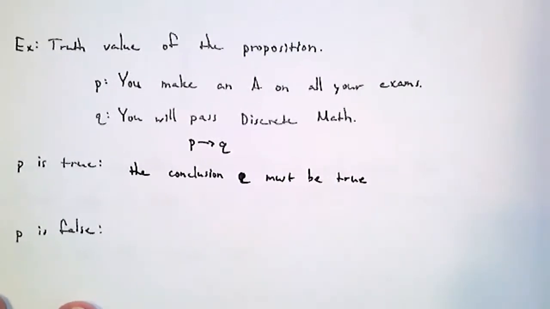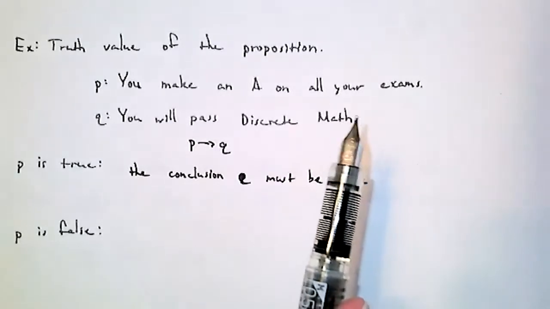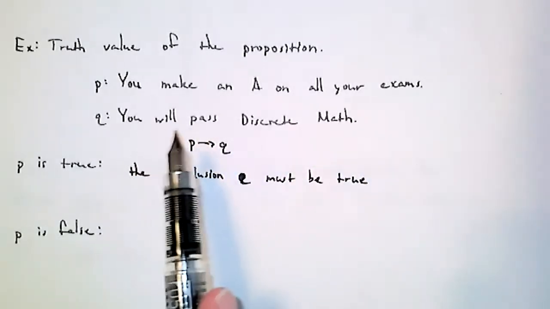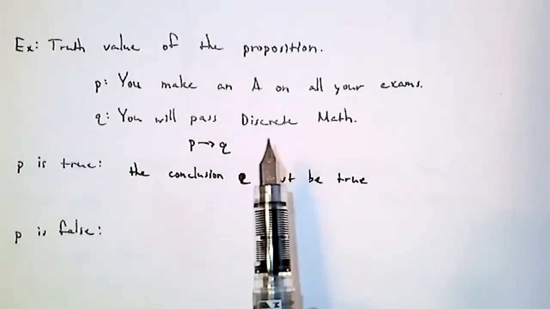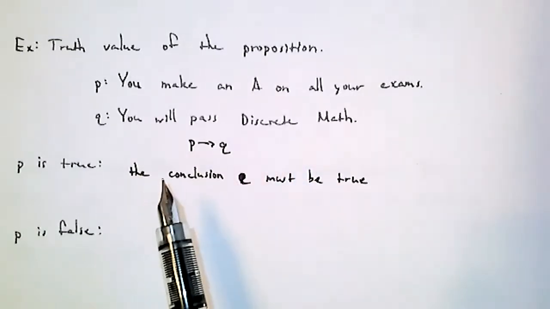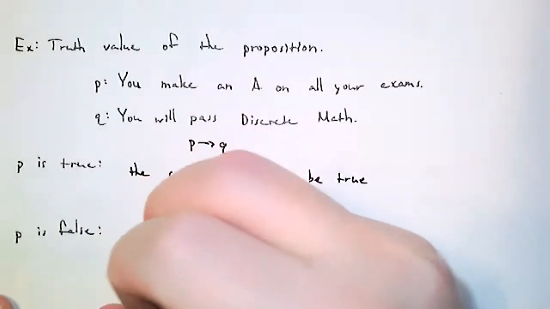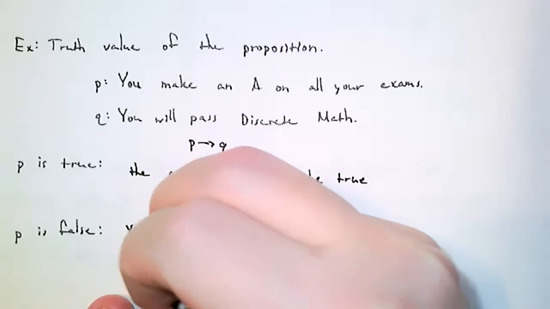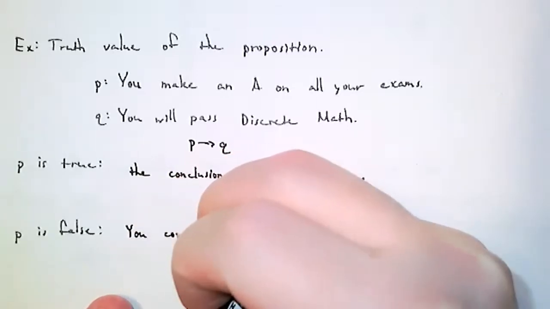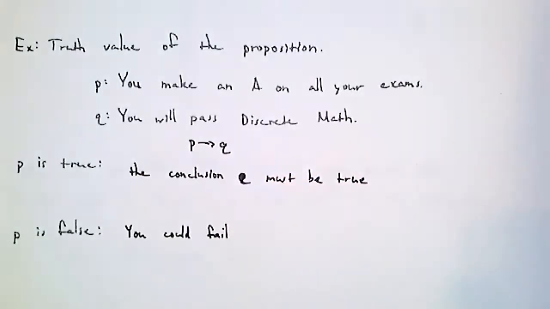What happens if P is false? So if you don't make an A on all of your exams, what can we say about the conclusion? You will pass discrete math. We could say it doesn't have to be true, right? So you could fail. Maybe you really bombed your exams.